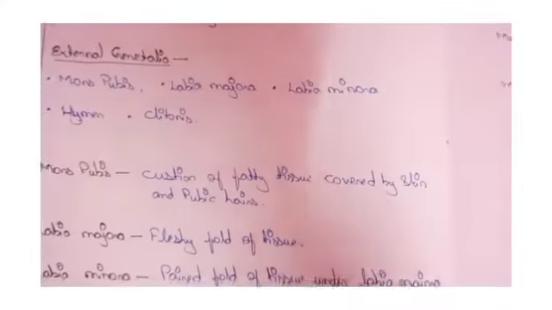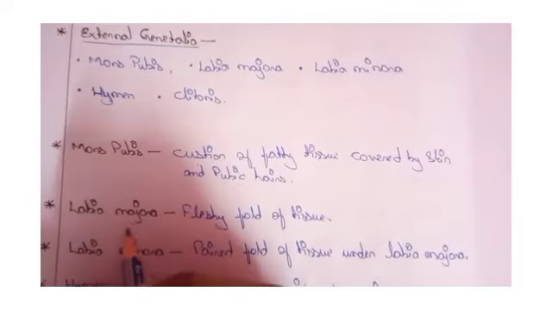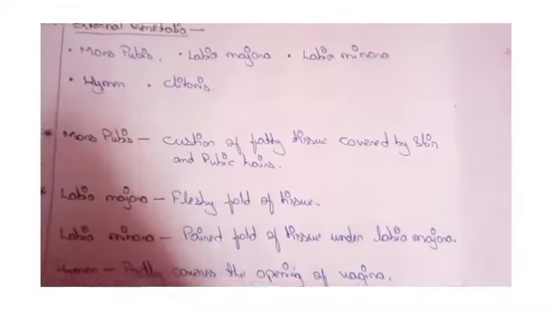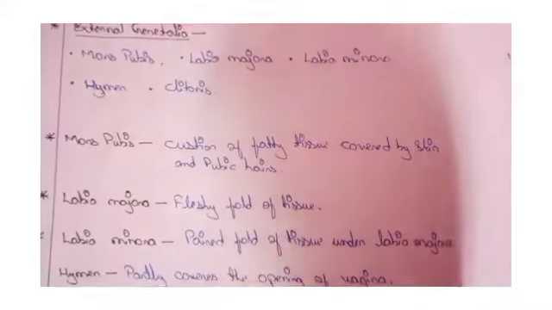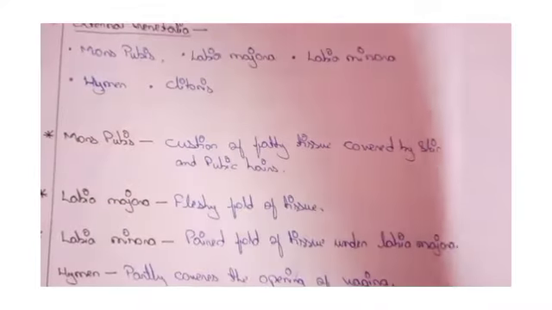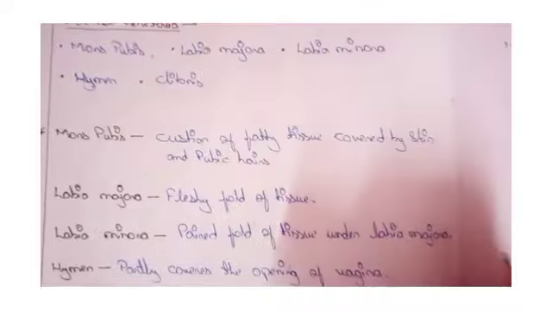It is the outermost layer of the external genitalia. Labia majora is a fleshy fold of tissue. Labia minora is a paired fold of tissue under labia majora. Hymen partly covers the opening of the vagina.